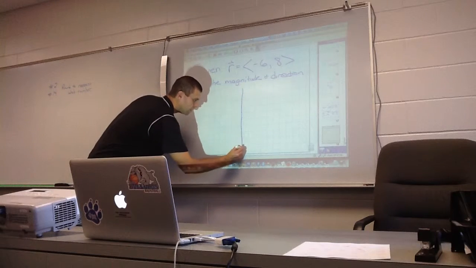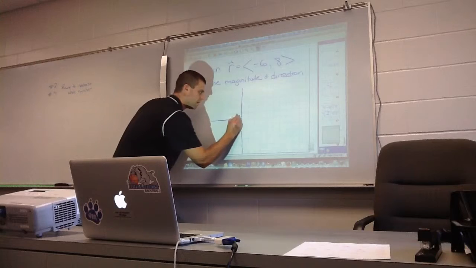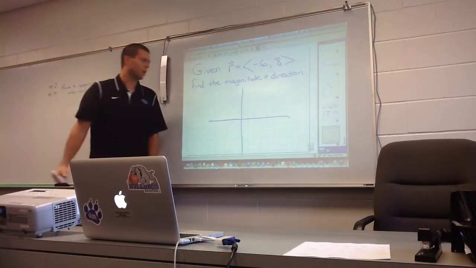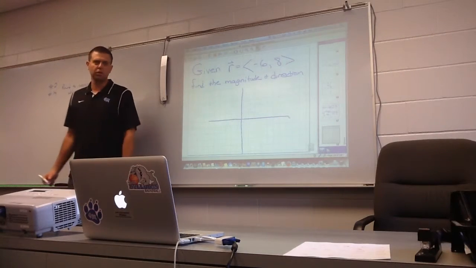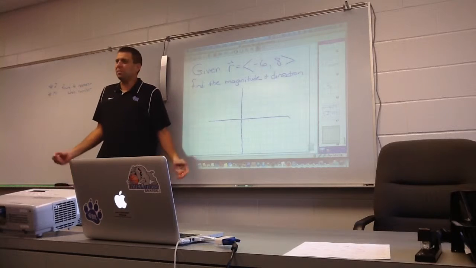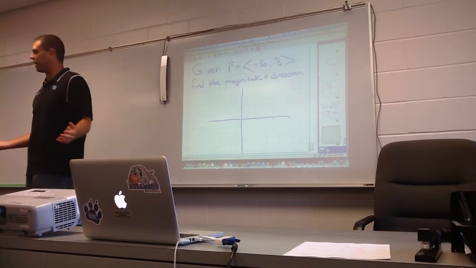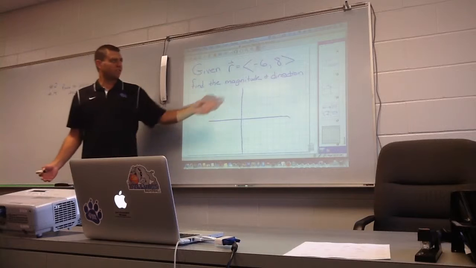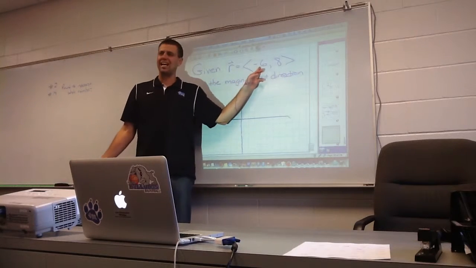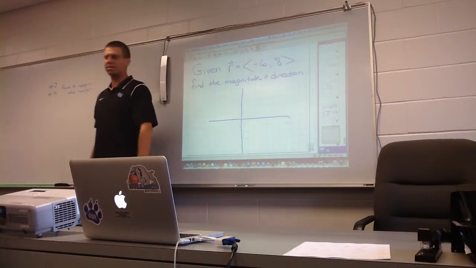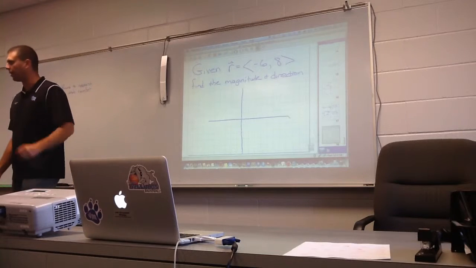So, here's my coordinate plane. It does not need to be to scale. You can label it. It does need to be at least somewhat in the right direction. That would probably help. A vector that goes -6 horizontally and +8 vertically is going to end up where?